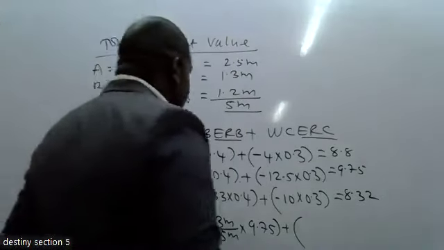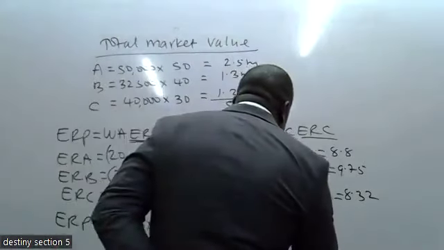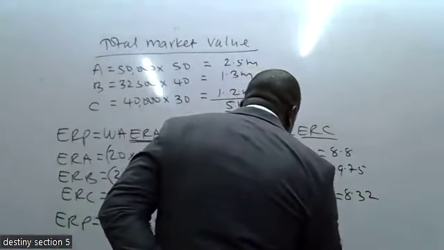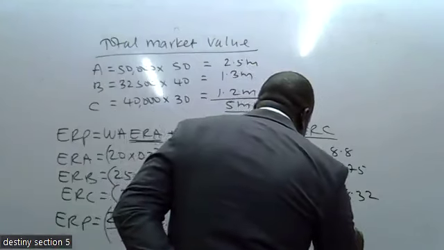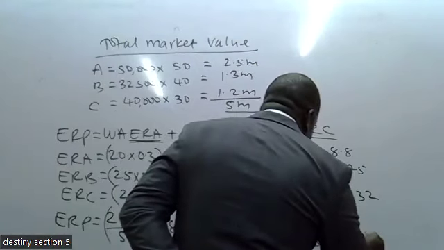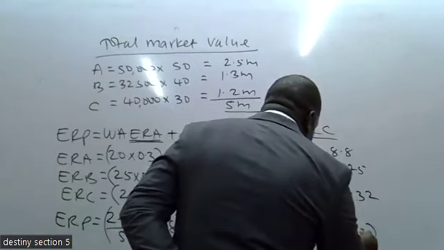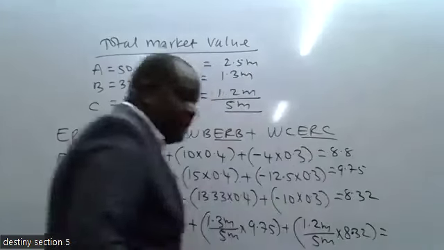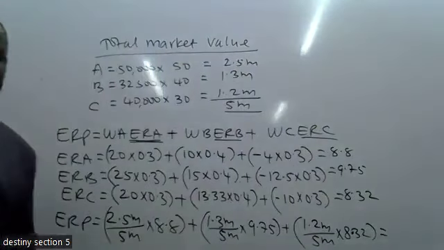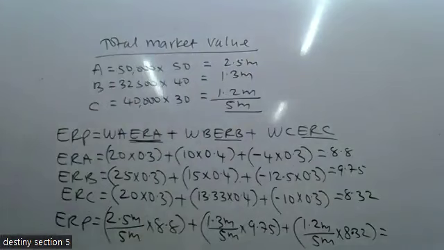Then the last one you take 1.2, also divide by 5. So you now add them together. They will give you the expected return of the portfolio.